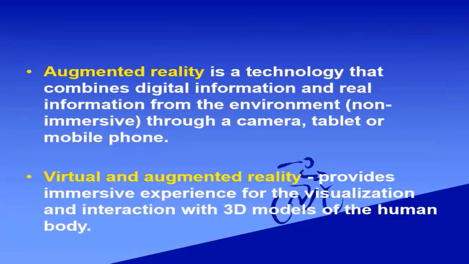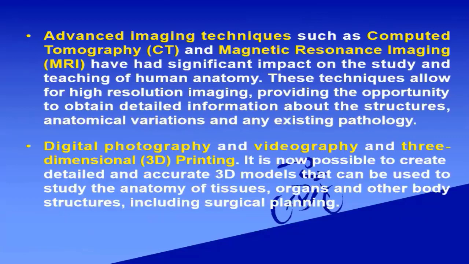Augmented reality, on the other hand, is a technology that combines digital information and real information from the environment. And that's why we say it is non-immersive, through a camera, tablet, or mobile phone. Virtual and augmented reality provide an immersive experience for the visualization and interaction with 3D models of the human body.